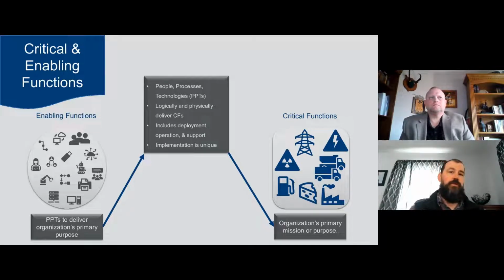One of the really classic examples of this is the difference between how electric power, particularly distribution level electric power, is done in the United States versus a lot of other places in the world. In the United States, we have optimized our control systems and we've minimized the number of people.